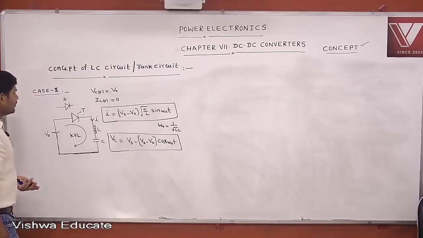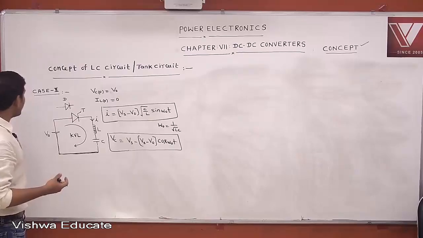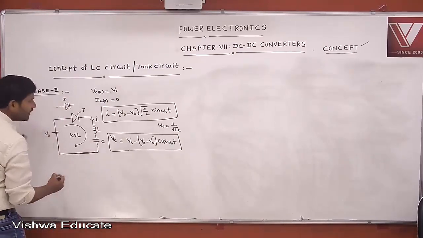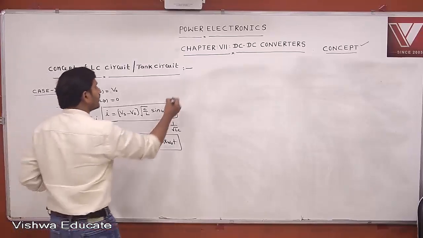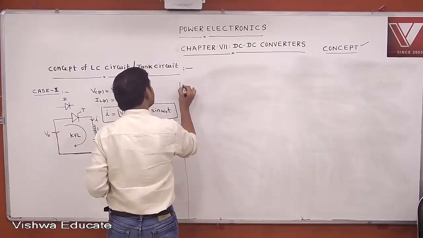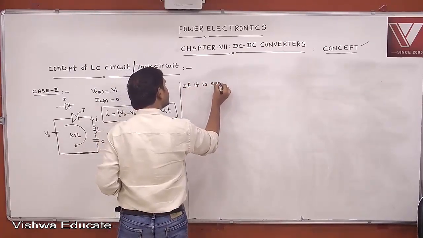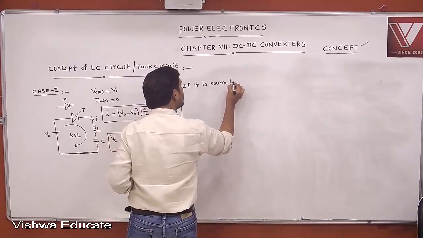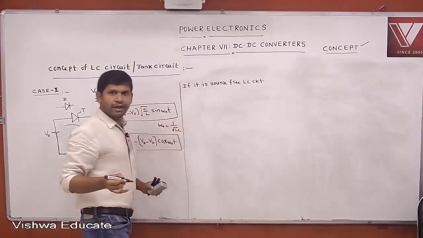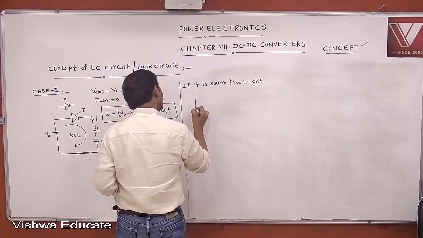Now see, in this circuit, if it is a source free LC circuit, in case 2 itself, how can we write it? A source free LC circuit means it is given like this.